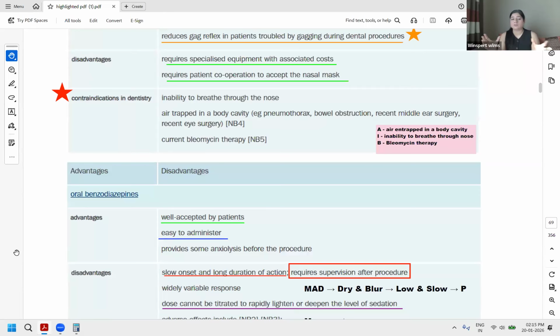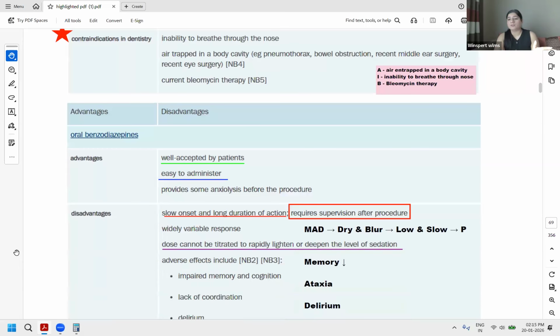Disadvantages are the procedure, the equipment cost, and the dependence on the patient for cooperation for the nasal mask. Absolute contraindications would be difficulty to breathe, air trapped in the body like pneumothorax, bowel obstructions, recent middle ear surgeries, recent eye surgeries, and current ongoing bleomycin therapy.